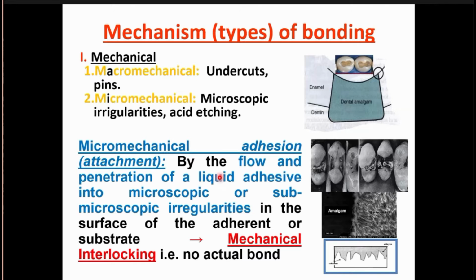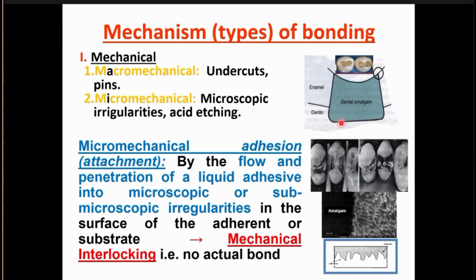So in macromechanical, there is, for example, some undercuts, some screws or pins to hold the filling material. And this is commonly used in case of amalgam. If you see this amalgam filling, what do you think? Can it come out of the cavity? No. It cannot come out of the cavity because it is given with undercuts.